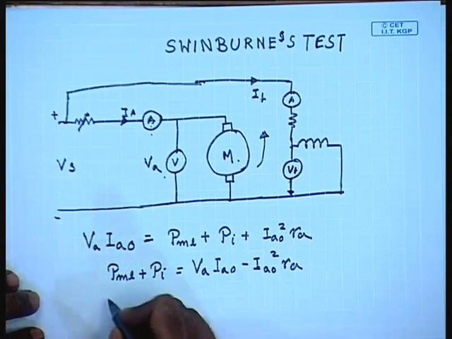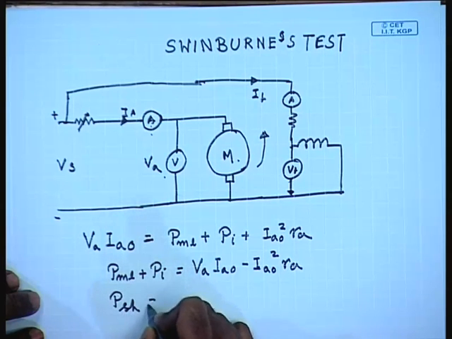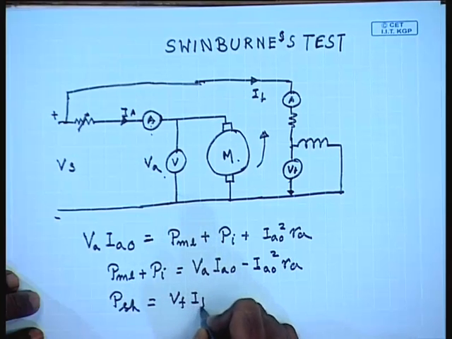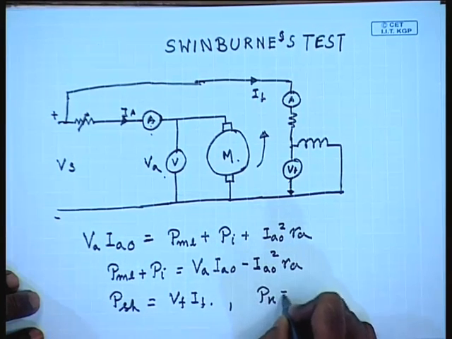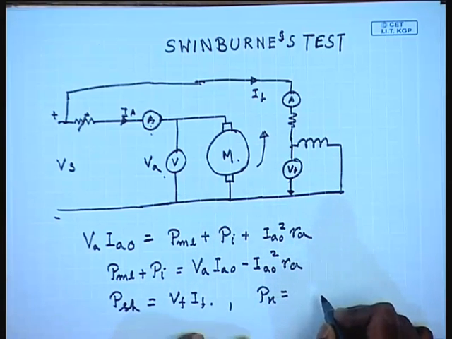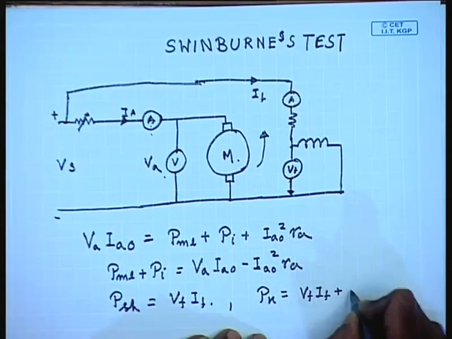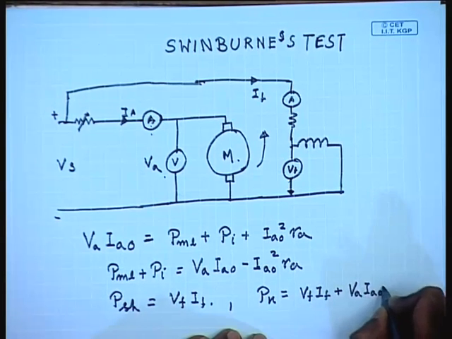Similarly, P SH equal to Vf If. So, Pk equal to Vf If plus Va Ia0 minus Ia0 square Ra.